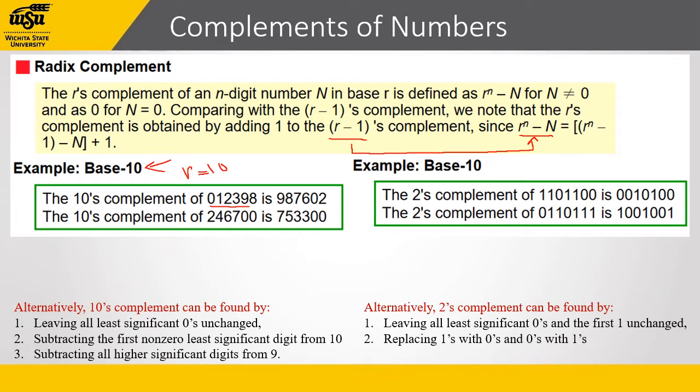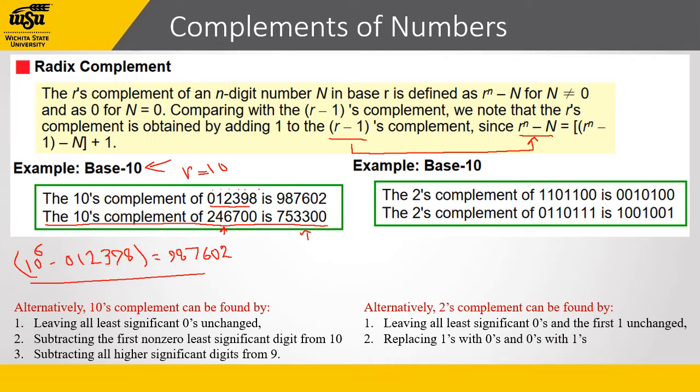Using the equation, we have 10 power 6 because we have 6 digits. We get 987,602. We can follow the same steps to find the R complement of this number, which is 753,300.